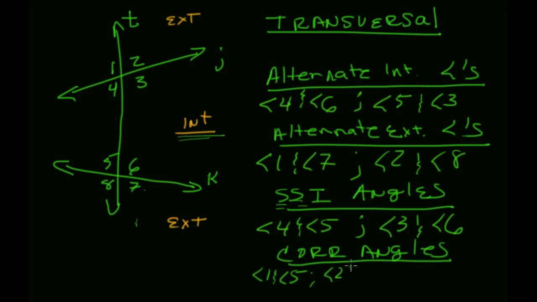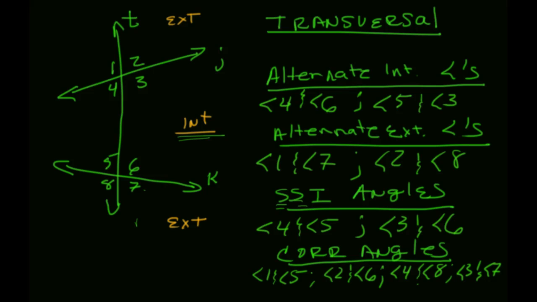So angle 2 and angle 6 are a pair of corresponding angles. 4 and 8 are both down and to the left. So angle 4 and angle 8 are both corresponding angles. And 3 and 7 are both down and to the right. So angle 3 and angle 7 are also corresponding angles.